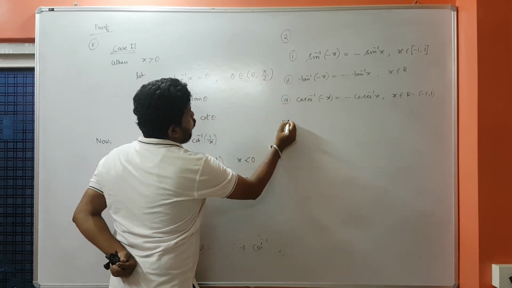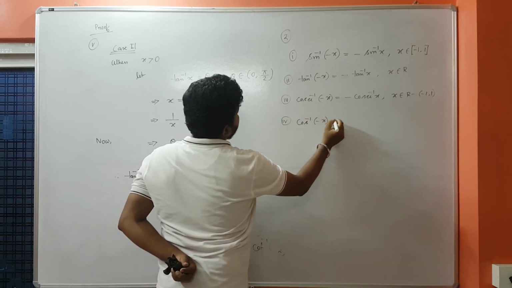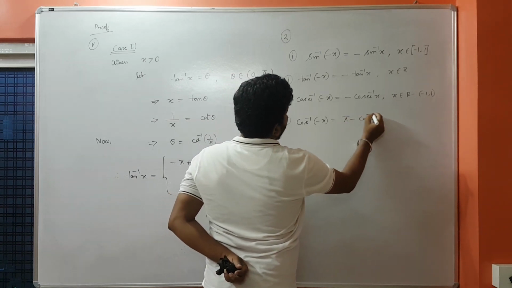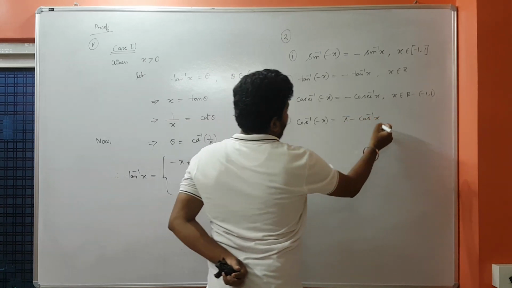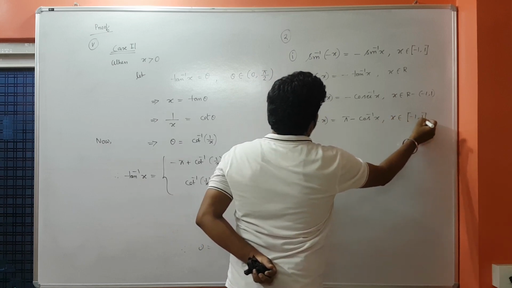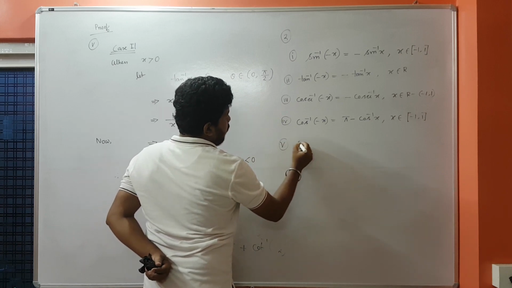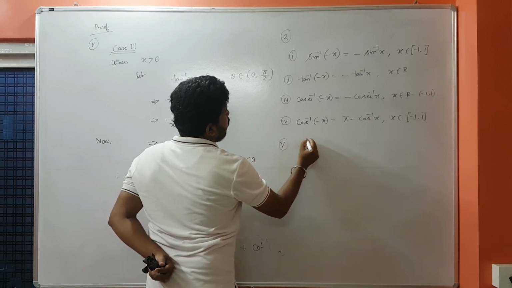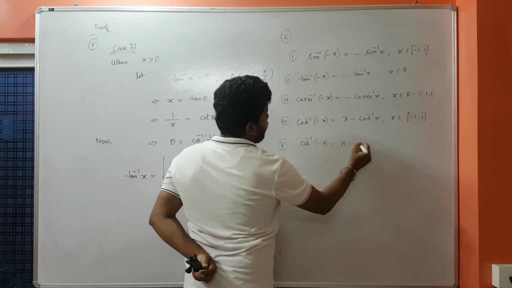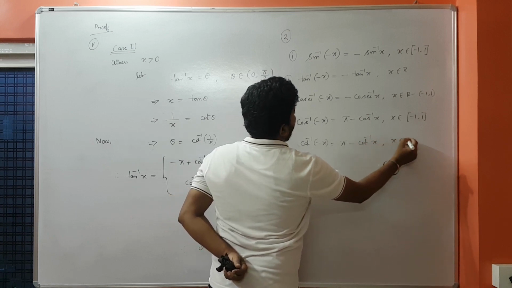Now number 4, cos inverse of minus x is equal to pi minus cos inverse of x, where x belongs to -1 to +1. Number 5, cot inverse of minus x is equal to pi minus cot inverse of x, where x belongs to all real numbers.